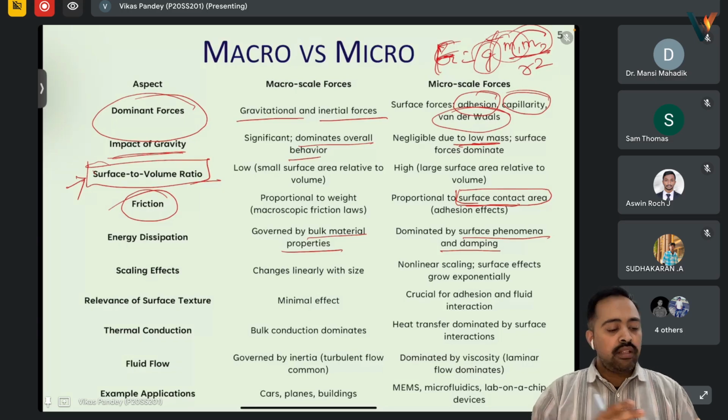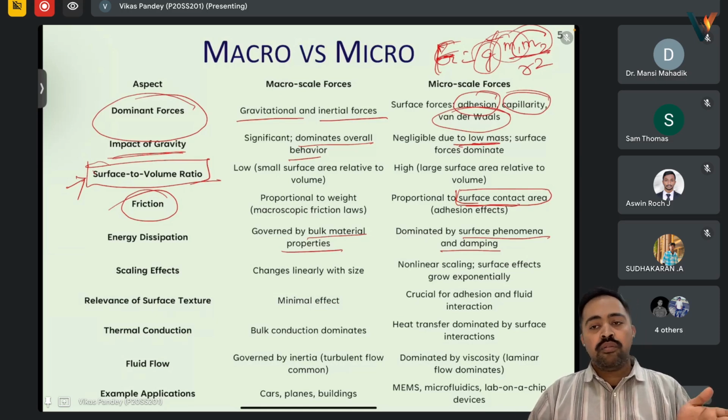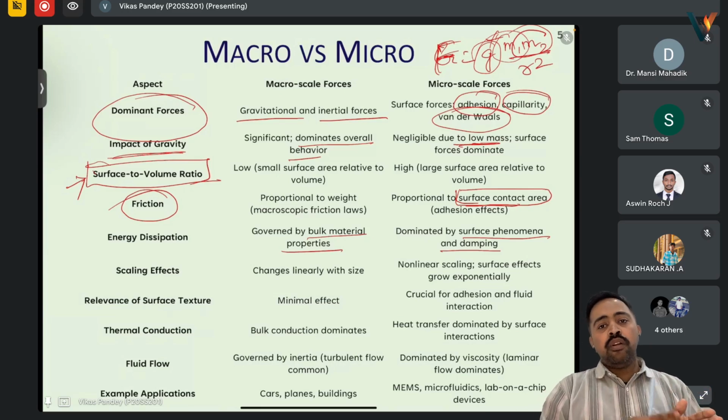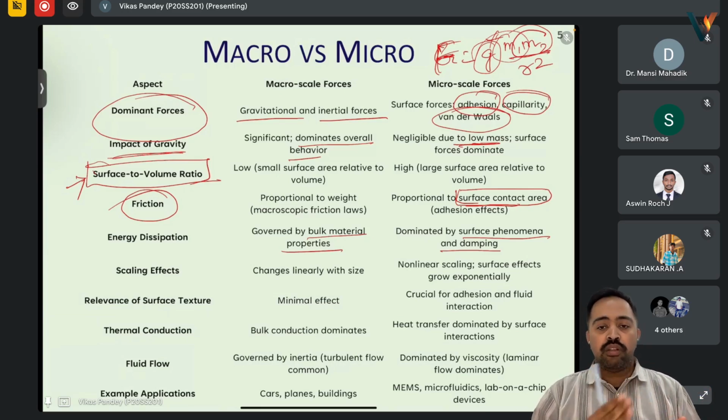And that's why just halving the size might bring a lot more advantage to us. And specifically nowadays, when people are moving from micro to nano, this role increases even further.